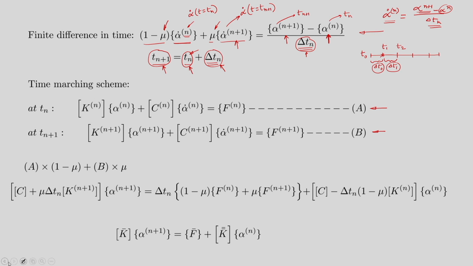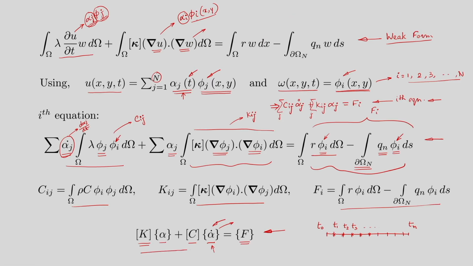Let me go back. This is the equation that we obtain, and it is valid for all time instances. If I write the same equation at time t equal to t n, I will refer to each of the terms by a superscript n, which refers to all the variables or parameters corresponding to time t equal to t n.